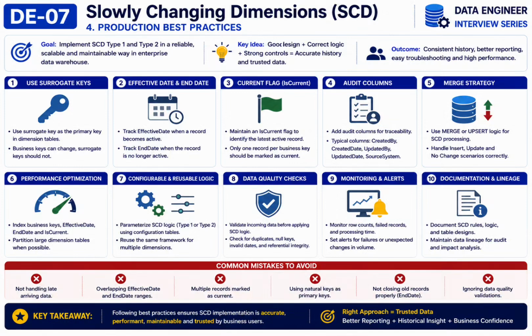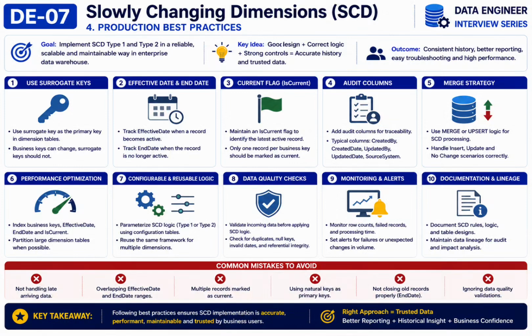So another important column is the current flag. This quickly identifies which record is currently active without checking dates. Then audit columns like create date, update date, source system and batch ID are equally important for troubleshooting.